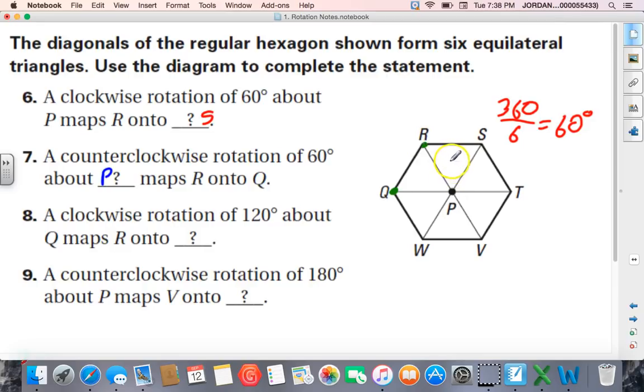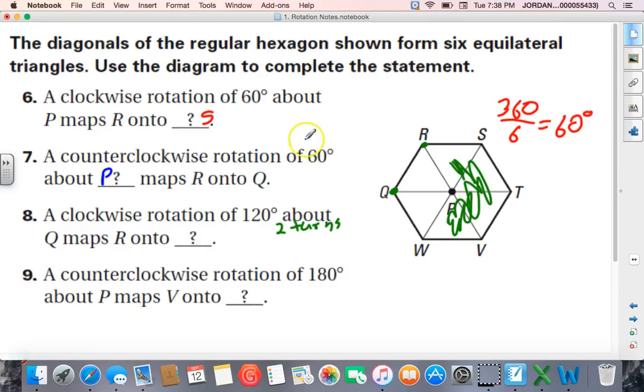What you want to do is ignore all of this stuff over here, because we're just going to rotate all this around Q. Everything that's near Q is going to rotate around Q. If I rotate R clockwise 120 degrees, that means 2 turns.